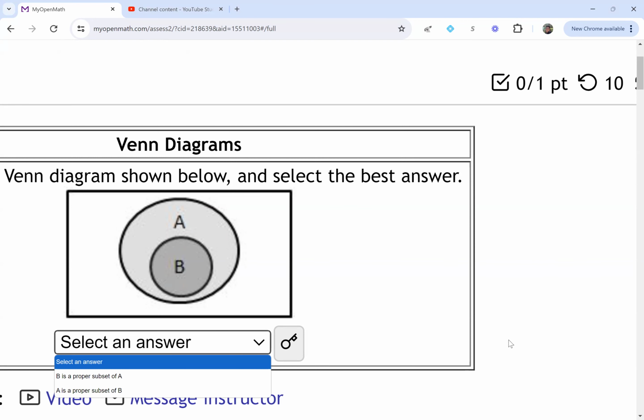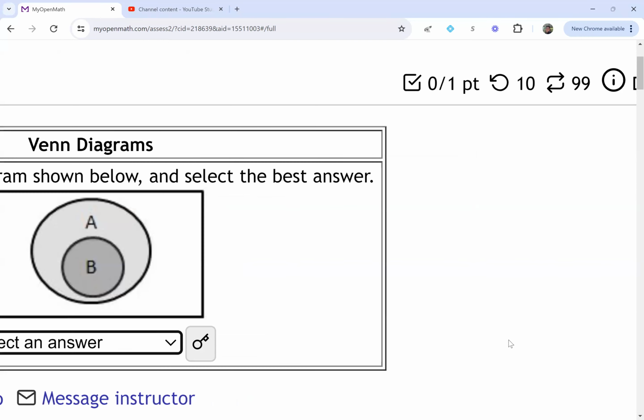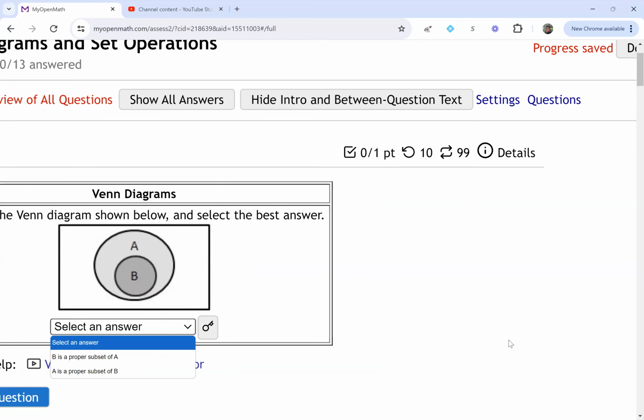So keep in mind from the last video, and let me go ahead and write over here, okay? In the last video, we talked about proper subsets.